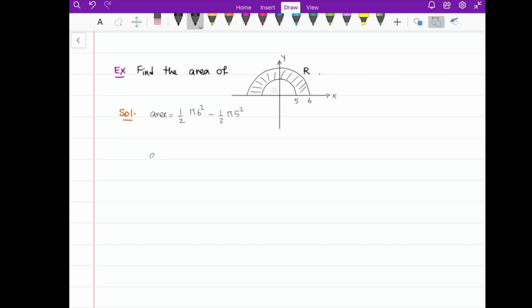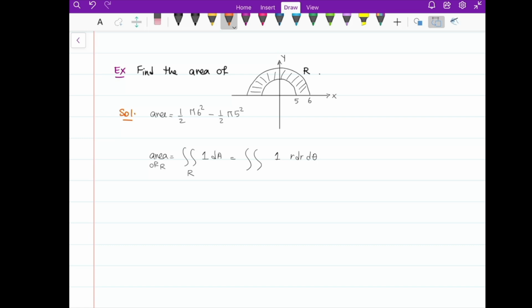But using the double integral, the area of R is the double integral of 1 dA over R. I just need to set up the bounds, and since the region R is part of a circle, it's better to use polar. If I want to use polar, I'm going to write dA as r dr d theta.